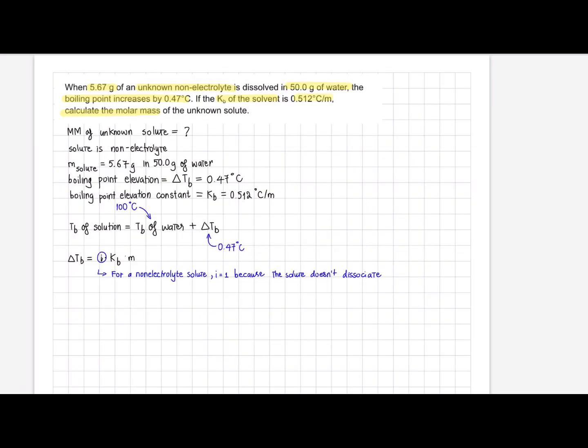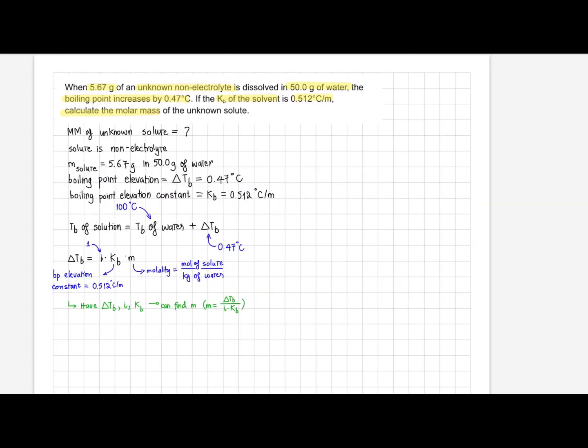We know that i for this non-electrolyte solute is going to be 1 because, like sucrose, the solute does not dissociate. Next, we know that Kb, the boiling point elevation constant, is 0.512. That's given to us. And lastly, m is molality, which is calculated by taking the moles of the solute divided by the kilograms of the solvent, which is water in this case.